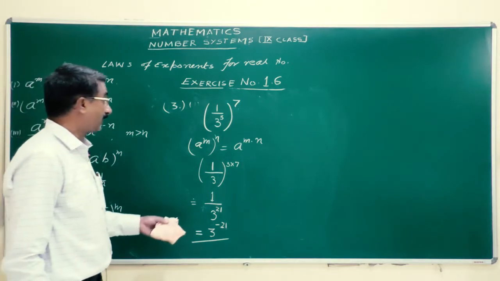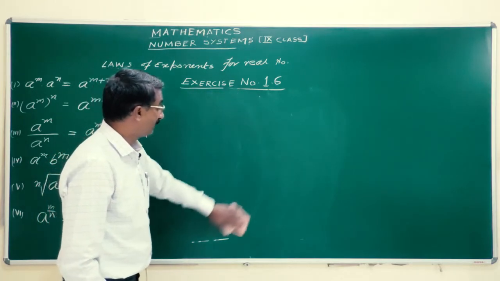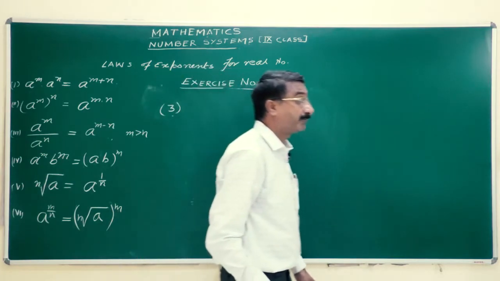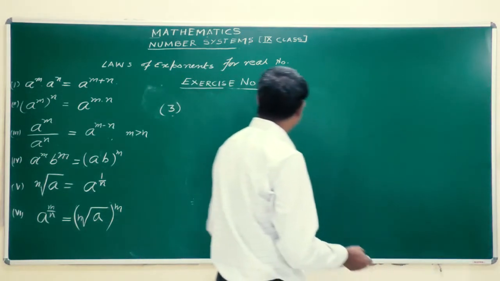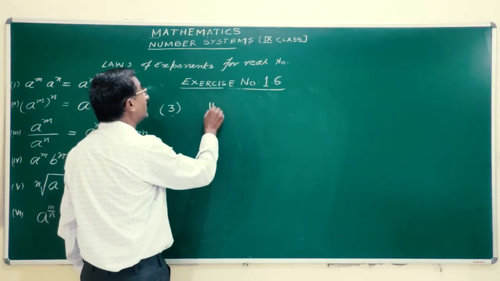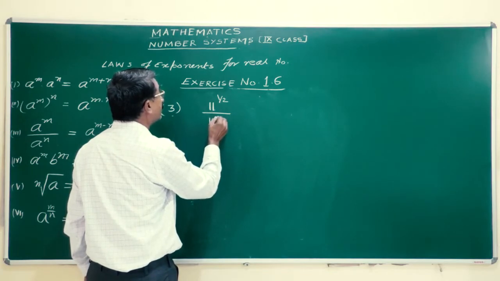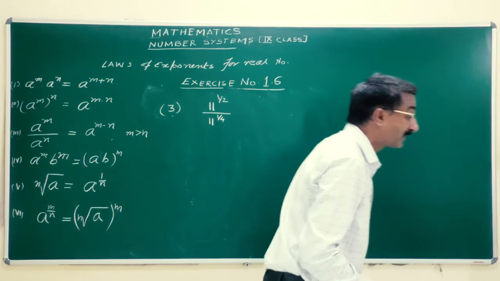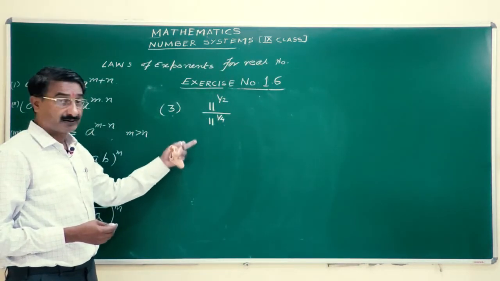Okay. Now, question number 3, this is I think the last question, part number 3: 11 raised to the power 1 by 2 upon 11 raised to the power 1 by 4. I think it is correct, yes, correct. So, 11 base is common.